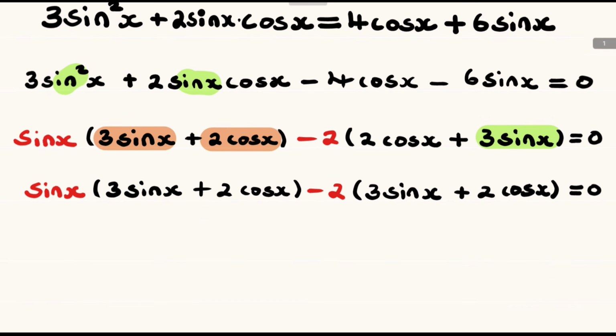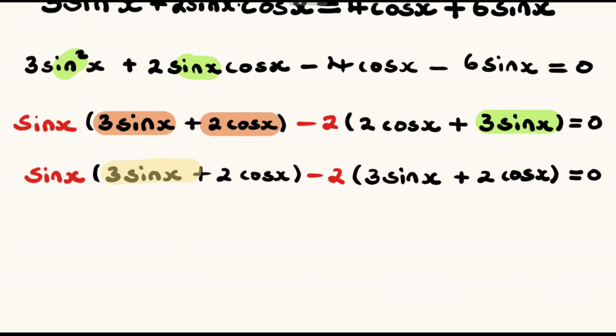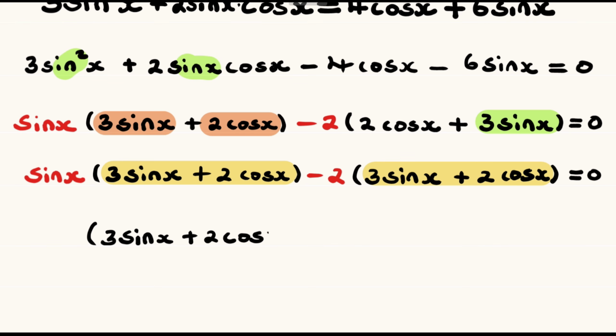So now we can take the 3 sin x plus 2 cos x as our common factor because it's common in both terms. So we have 3 sin x plus 2 cos x as our common factor, and we'll be left with the sin x minus 2 is equals to 0.